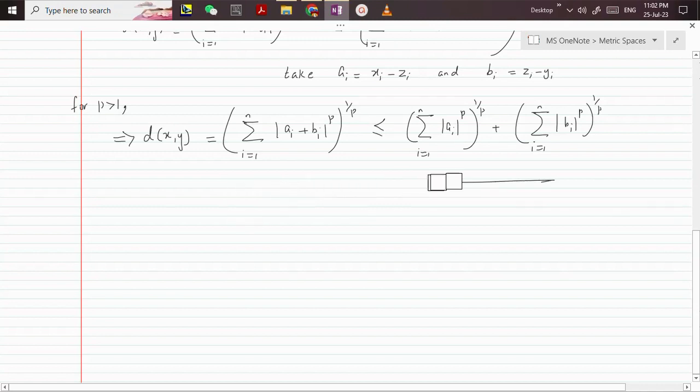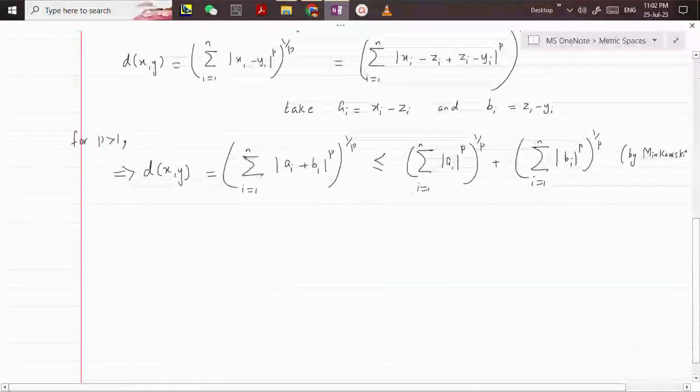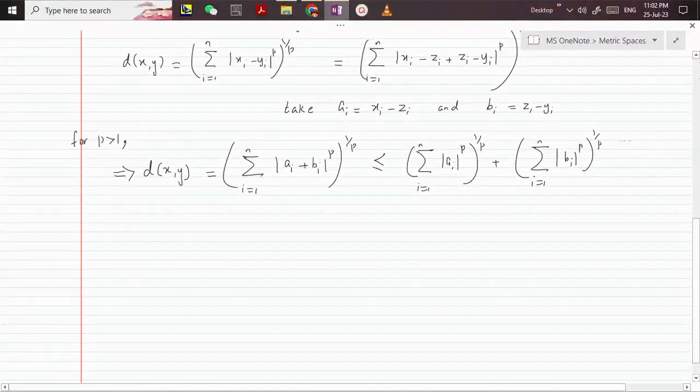So by Minkowski's inequality, this holds for p greater than 1.